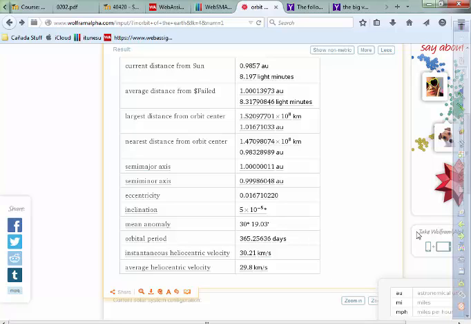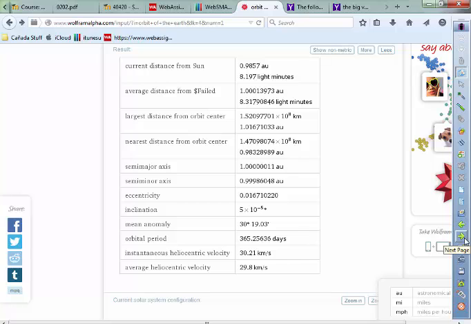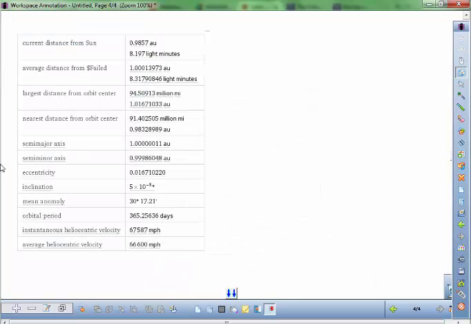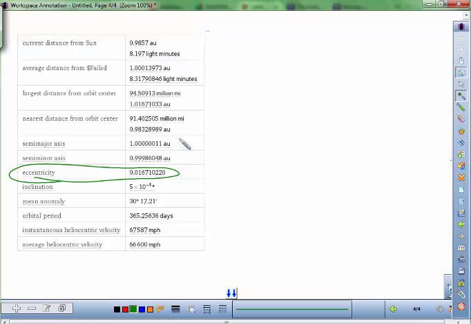What is the distance to the sun? Yeah, it's just a number.